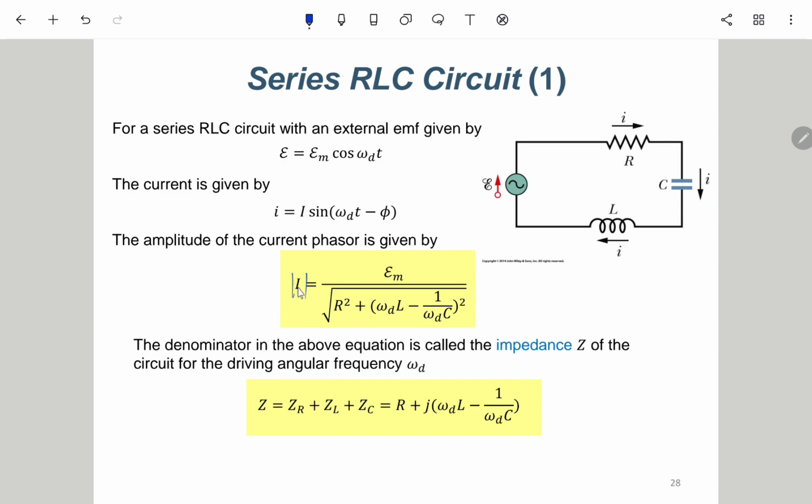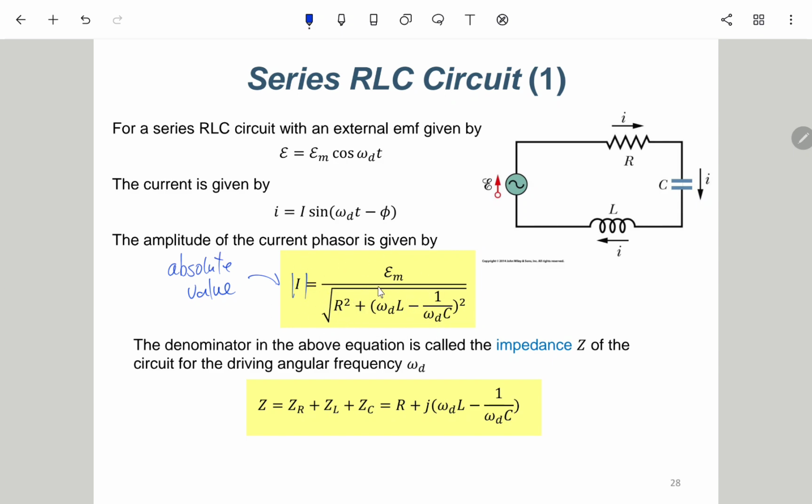The amplitude of I should be, so this is the absolute value, the absolute value of this complex number, which is the square root of a squared plus b squared. Okay, so this is I. The absolute value of I should be Em over this whole thing, and why is it like that.